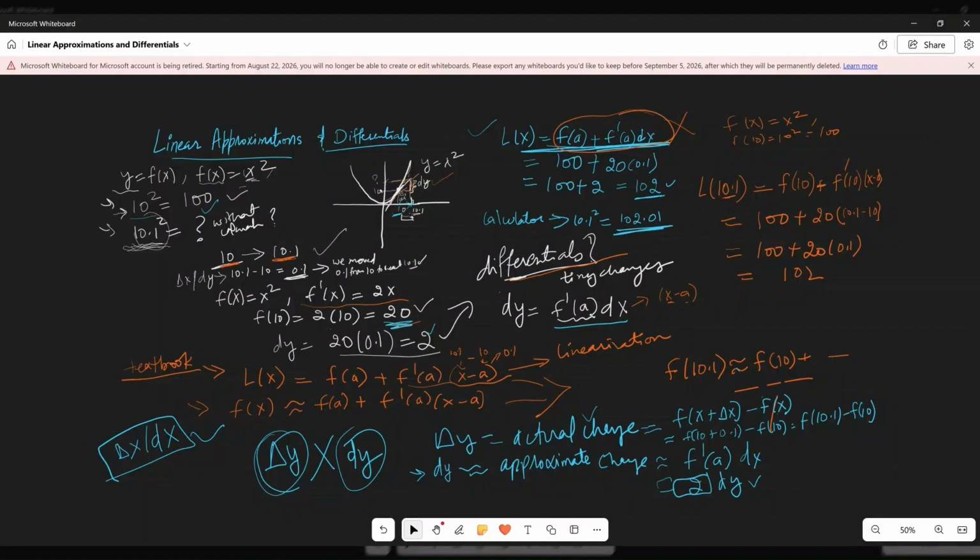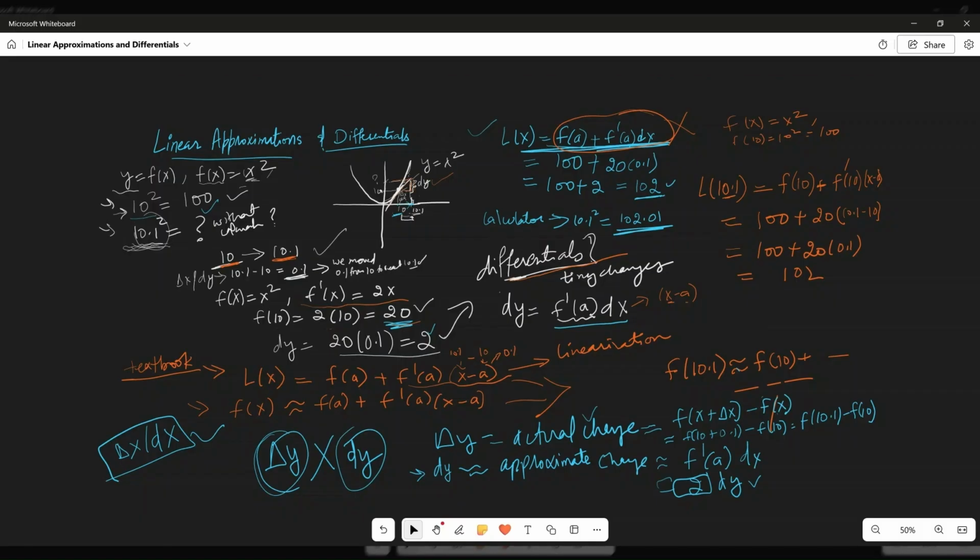And don't get confused here, right? This is based off the textbook definition of delta y, which still applies here. Suppose we are using a instead of x, and we are stating x as the unknown value here, and this is still the change we are moving, and f of a, same thing, right?